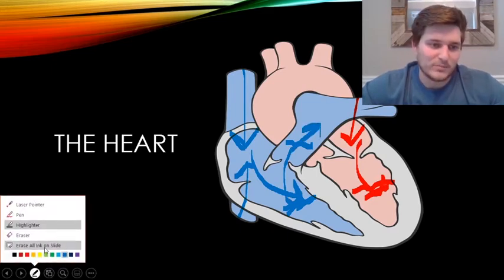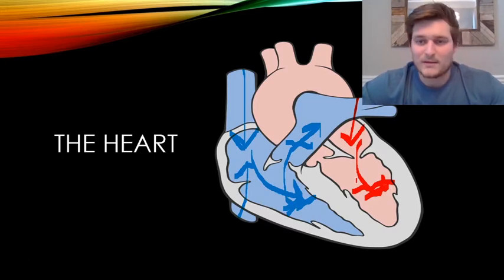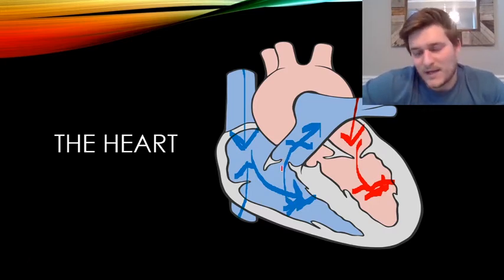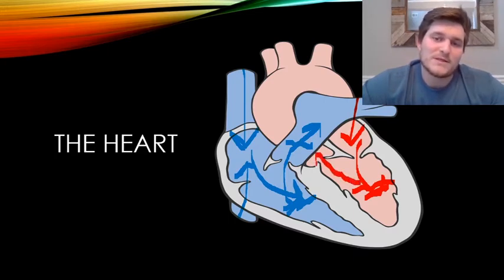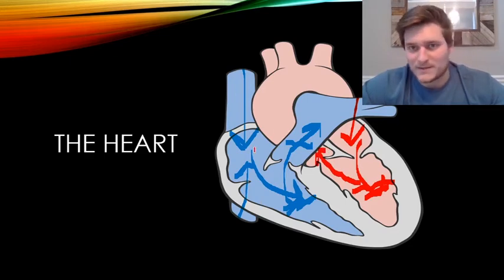So we're seeing the blood from the right ventricle leave and enter the pulmonary trunk. The blood from the left ventricle is ejected and makes its way into the aorta.